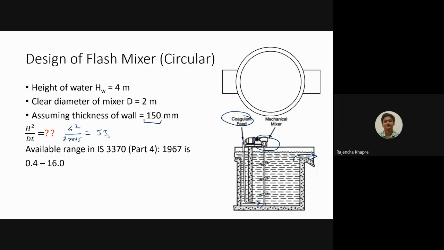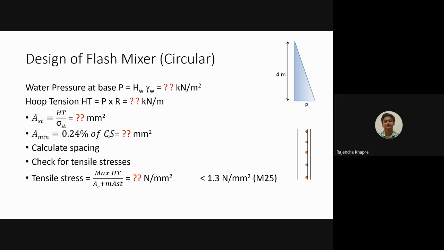Okay, so the range is not available again. Since the range is not available, we have to go in the traditional way. We are going to calculate the pressure at the bottom. Pressure at the bottom can be calculated as height into density of water. Height is 4 meters, density of water is 10. This gives 40 kilonewton per meter square of pressure acting at the base.